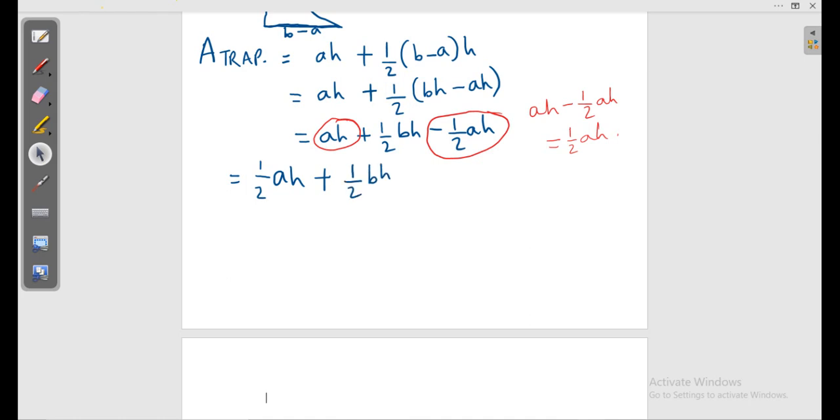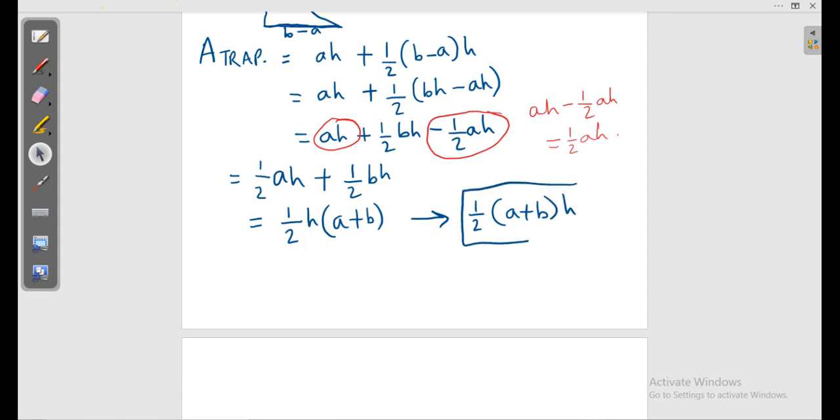Then we factorize. What we have in common is 1 over 2 h, into bracket a plus b, which can as well be written as 1 over 2 (a plus b)h. And this is how we got the area of the trapezium we use today.